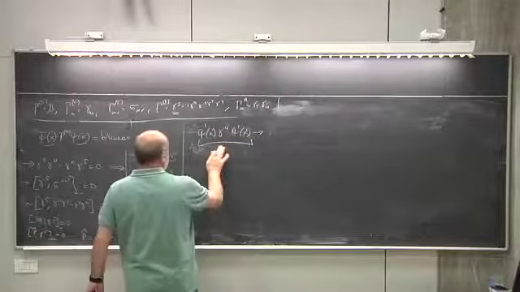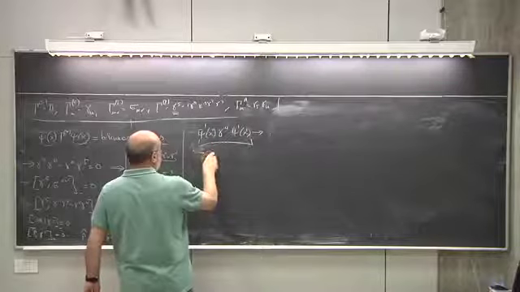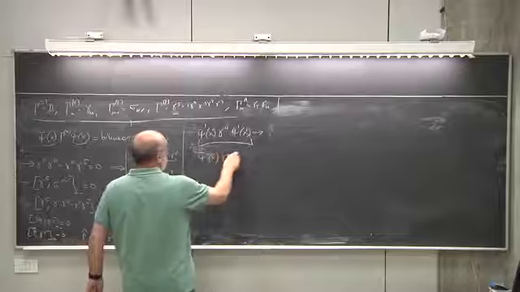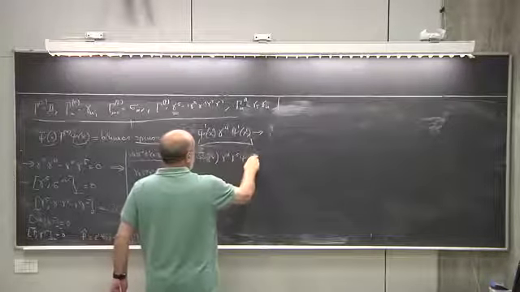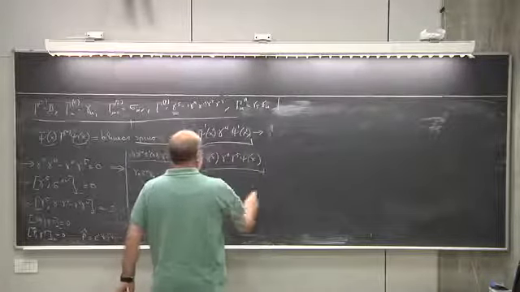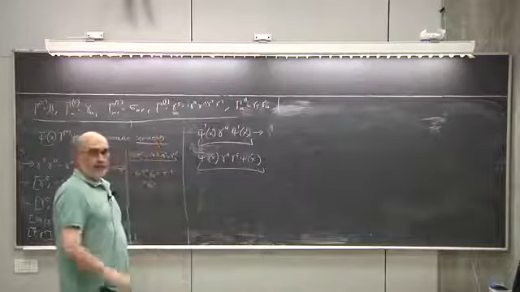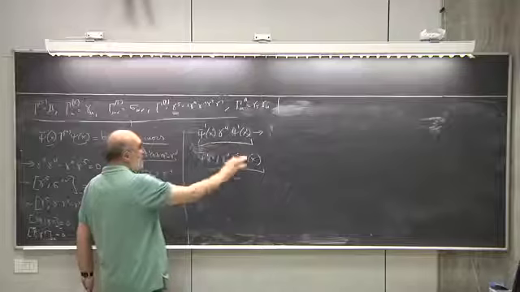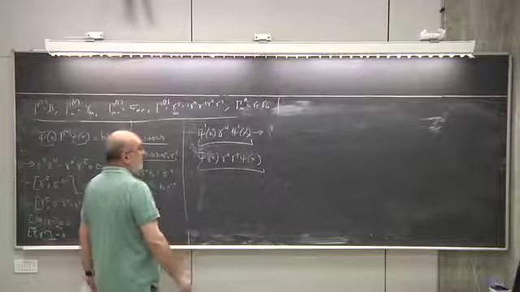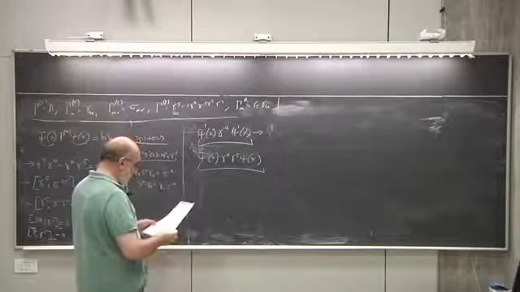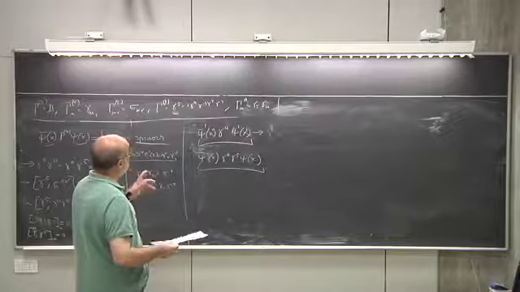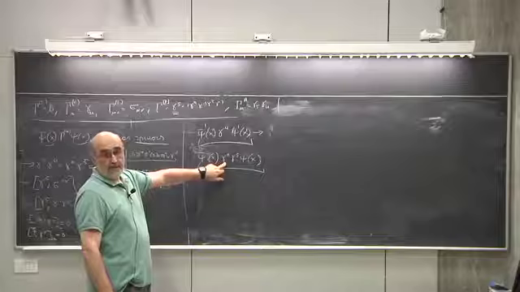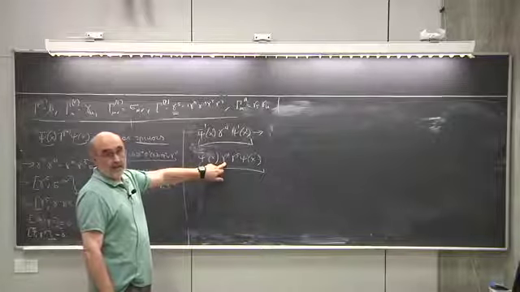Instead, if you take the following object, psi bar of x gamma mu gamma 5 psi of x, it's easy to see that under a proper Lorentz transformation it transforms as a vector, because there is this index mu. But if you do a space reflection, then there are troubles. Under a space reflection, the space part does not change sign at all.